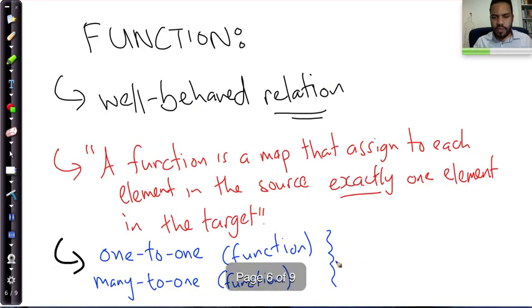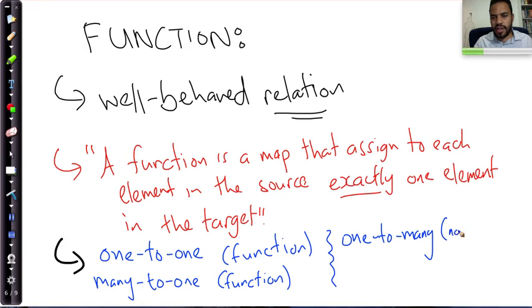So I'm going to put that on this side. When I have one to many, like one element going to different elements in the target, that is not a function. Sometimes teachers in high schools use the word relation to describe a non-function. The reality is a function is still a relation, but it also obeys certain rules and conditions. So one to many, not a function.